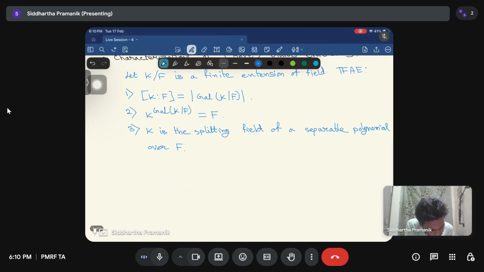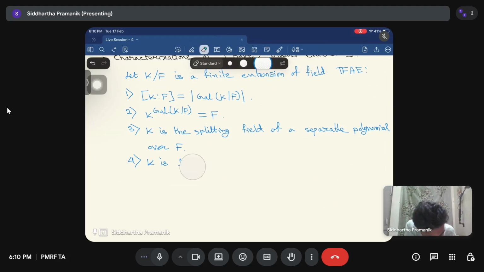We started this week with the proof of this statement, and the fourth one is just a consequence of this one, which is K is both normal and separable extension of F.